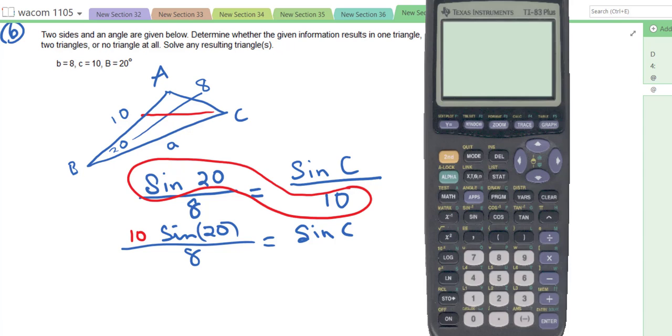All right, so we're going to pull a calculator, and we're going to clear 10 times the sine of 20, close, divided by 8, enter. All right, I'm going to keep that value in my calculator.